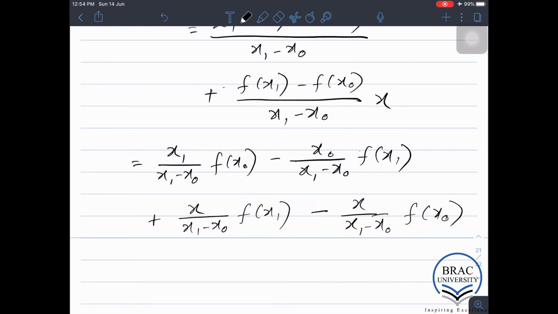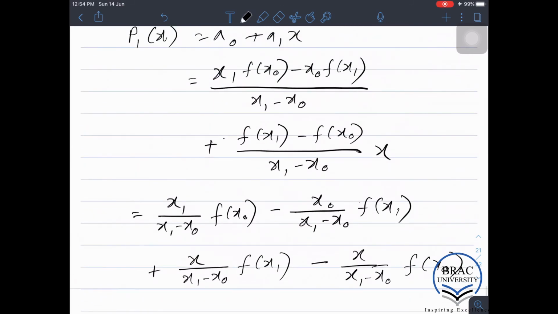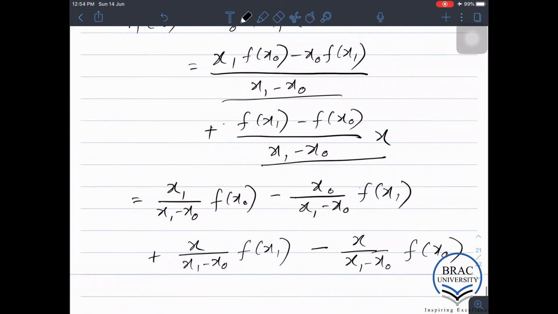So I have broken down all the terms here in the next line.